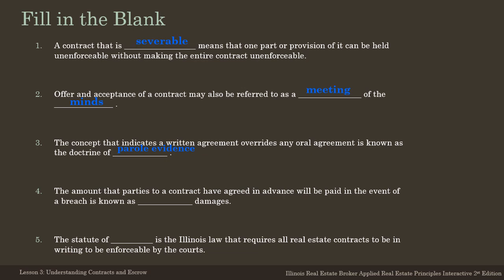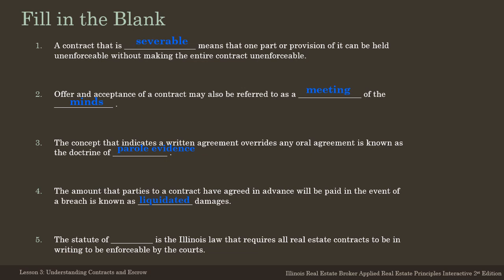The amount that parties to a contract have agreed to in advance will be paid in the event of a breach is known as liquidated damages. Every sales contract is going to have a little clause in it talking about liquidated damages.